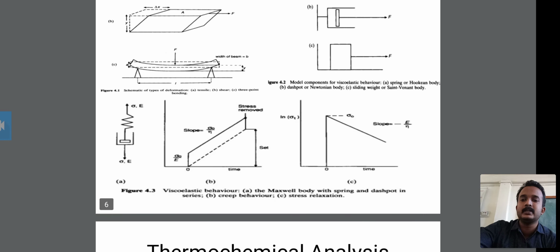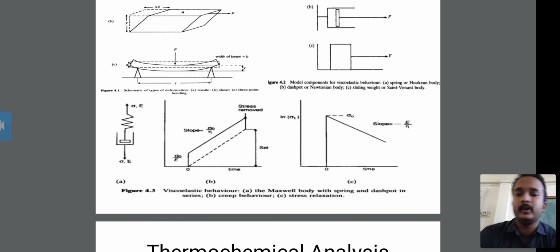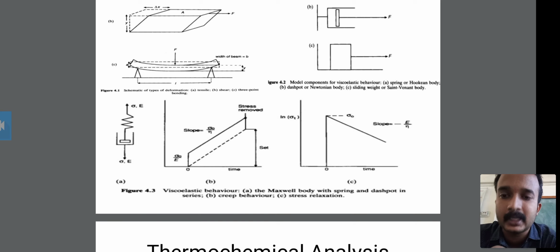This illustration is drawn in 4.3c. This is the stress relaxation. Look at this, this is time versus ln sigma t. This is the O point, and you stress this point to sigma 0.